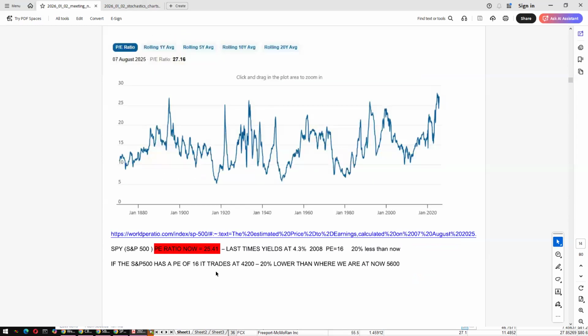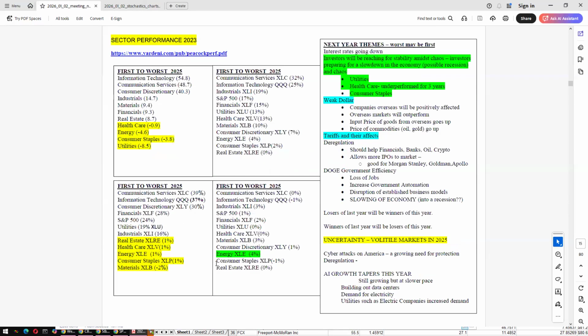Okay, we're going to start the first to worst again this year. You can see that the best performing sectors from last year, 2025, were communication services and IT. Industrials were next, and the S&P and financials. And you can see that real estate was the worst performing sector from last year.